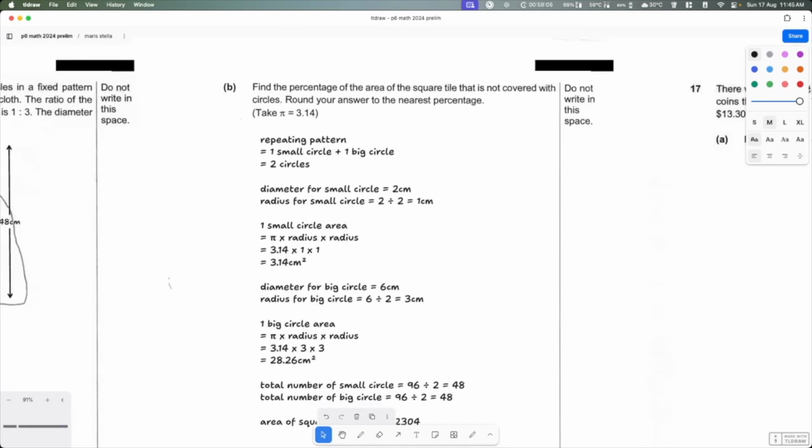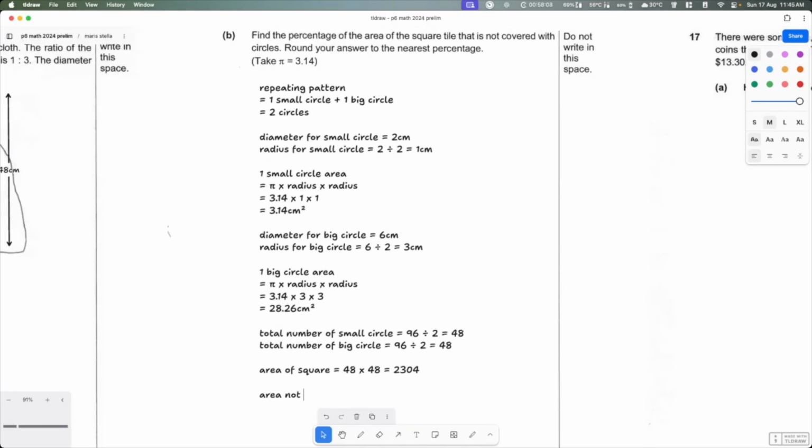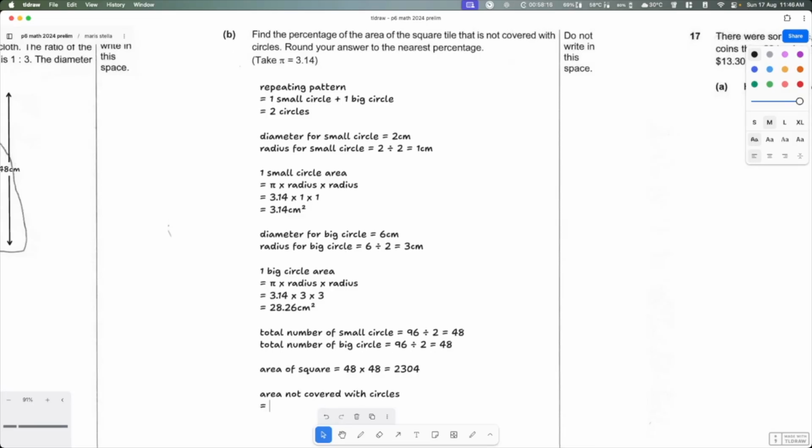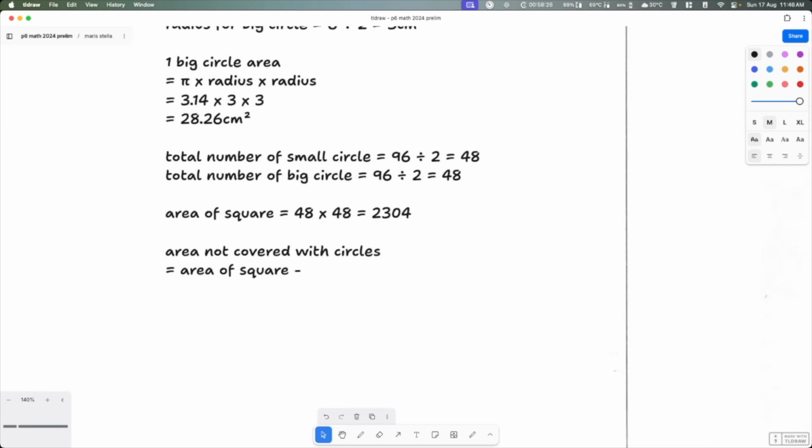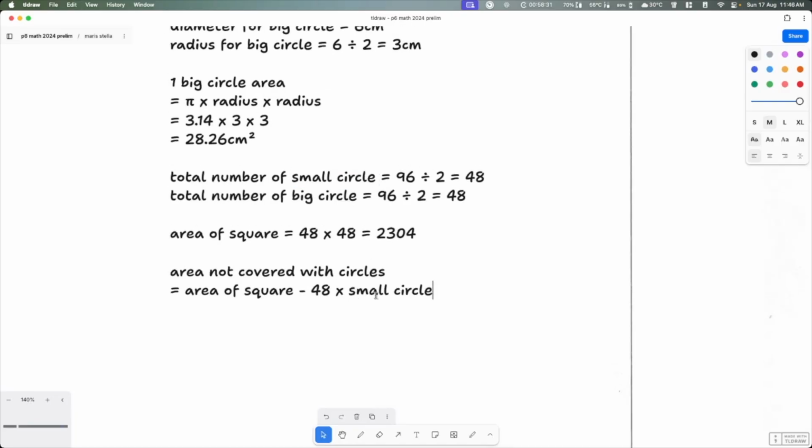So the area not covered by circles is equal to the area of the square minus 48 times the small circle area minus 48 times the big circle area.